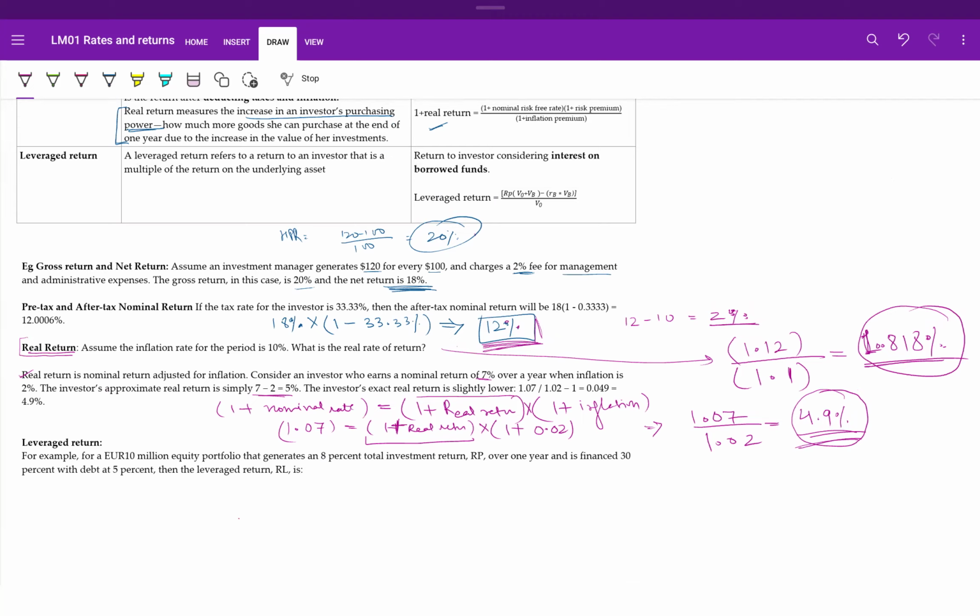Leverage basically means debt in your portfolio. Once you use debt, there is going to be an interest component, which is also a cost. You need to account for this interest cost on your portfolio.